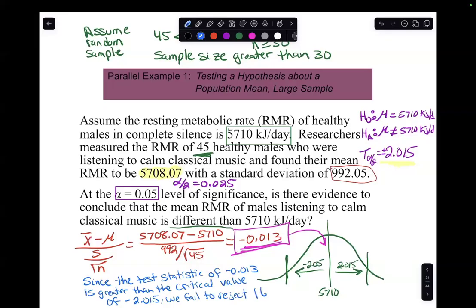And since we don't have a lot of room, I'm going to put H naught right there. Questions? All right. I'm going to give it a second for those watching to write things down.